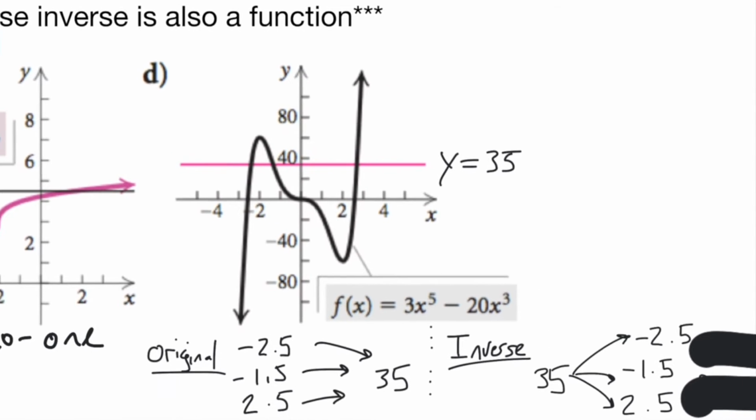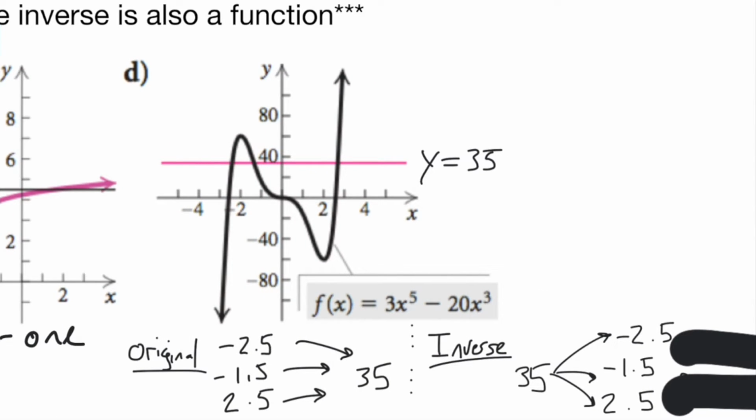Check this out. Here's the original function. It's pretty funky. It goes like this, and you can see if you draw a horizontal line at y equals 35, then it illustrates the fact that these 3 x values all have the same output value. Negative 2.5 goes to 35, negative 1.5 goes to 35, 2.5 goes to 35.